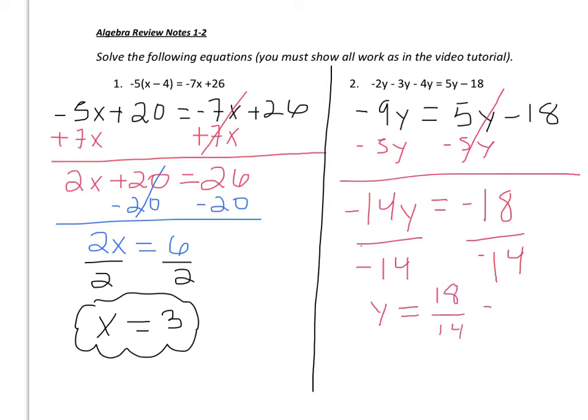Now this reduces to y equals, the number that goes evenly into 18 and 14 is 2. 2 goes into 18 9 times, because 2 times 9 is 18, and 2 goes into 14 7 times.